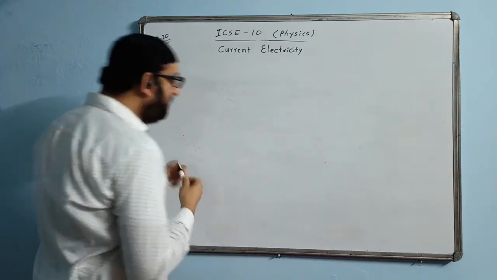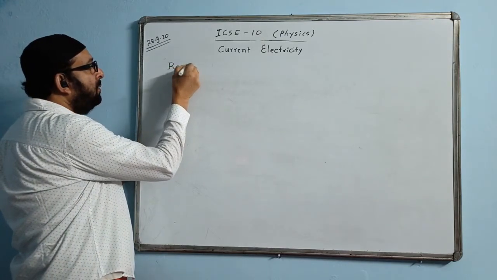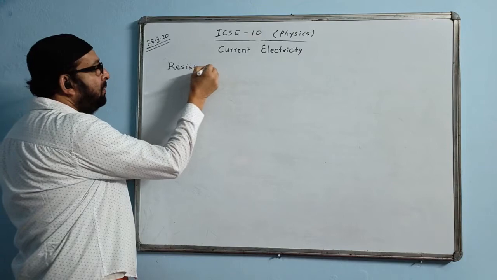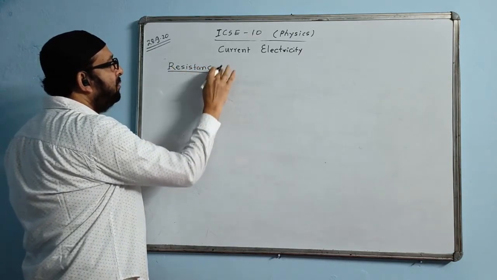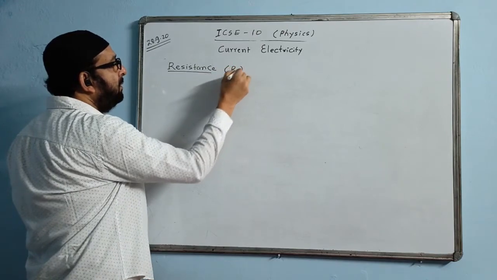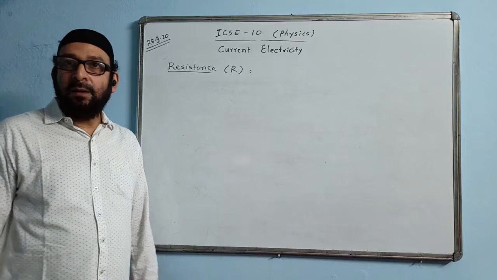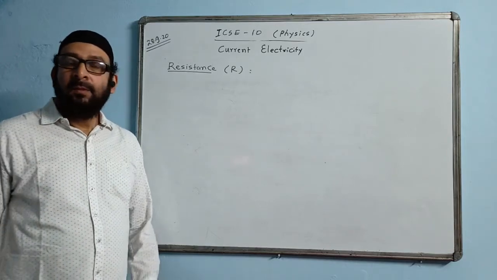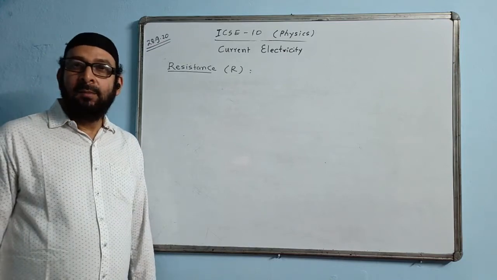Now the next heading is resistance. Resistance is denoted by the symbol capital R. Okay, please write down the definition of resistance.